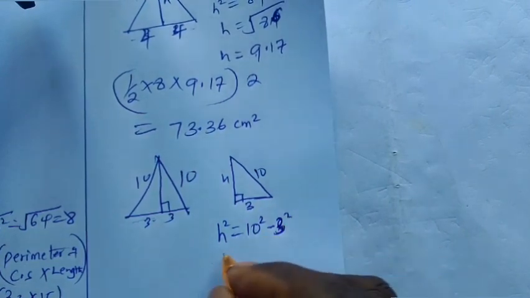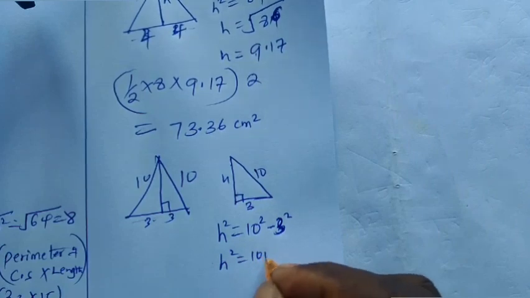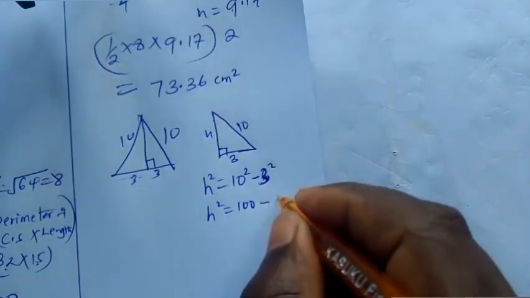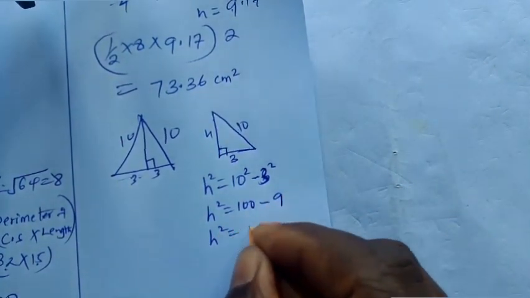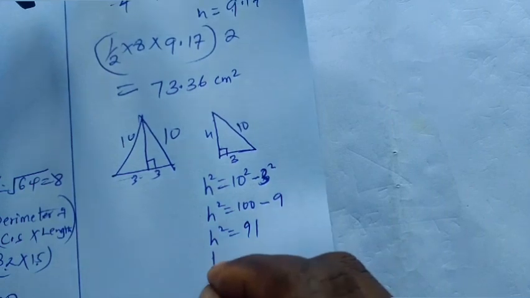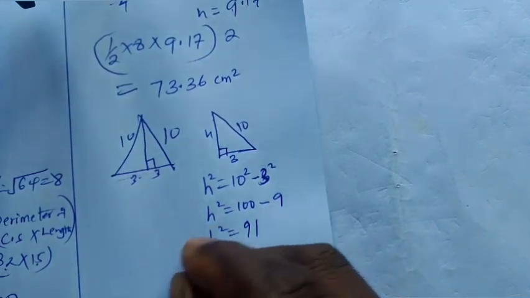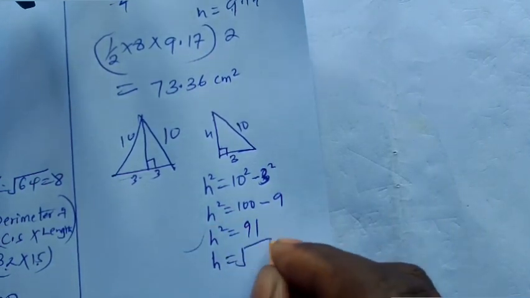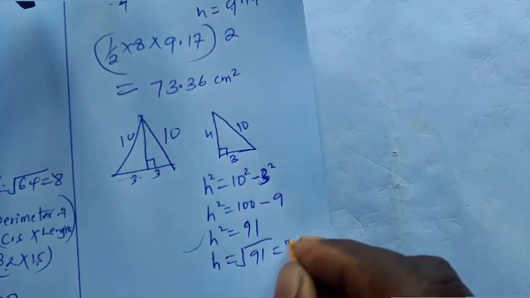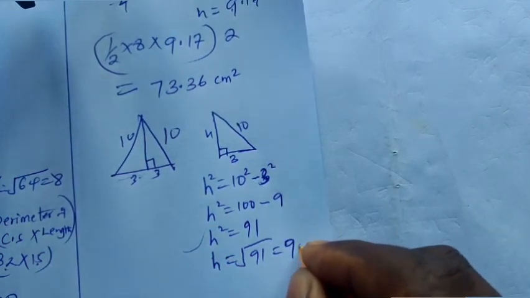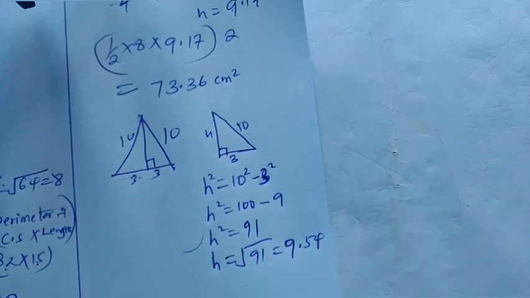H squared equal to 100 minus 9. H squared equal to 91. So let's get H by square rooting both sides. The height is 9.54.